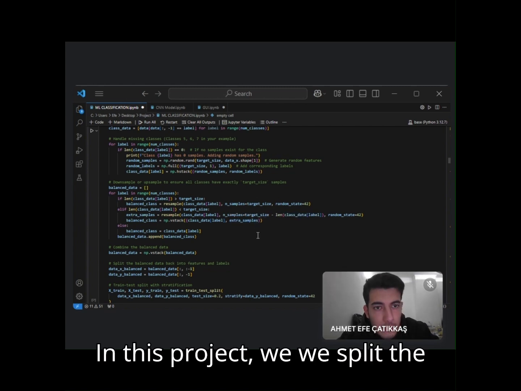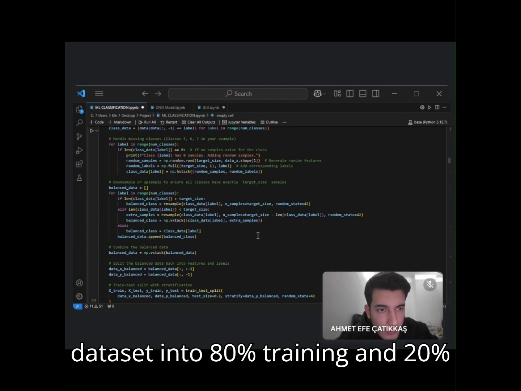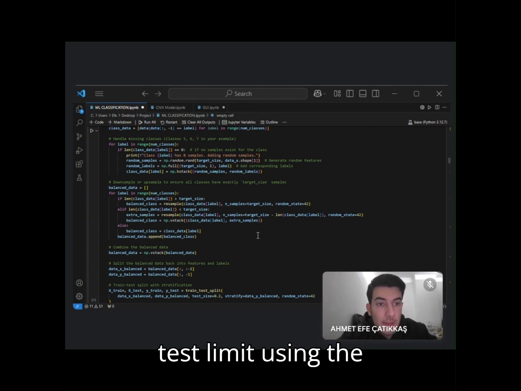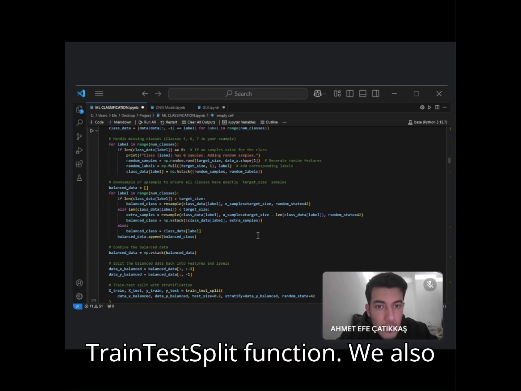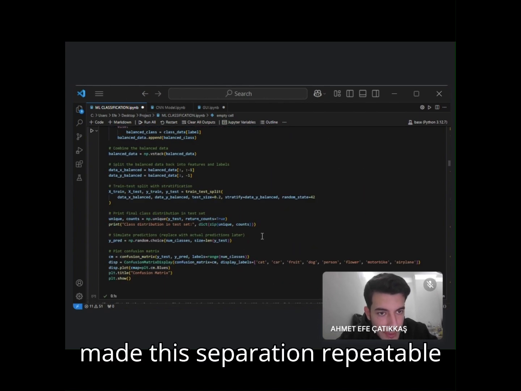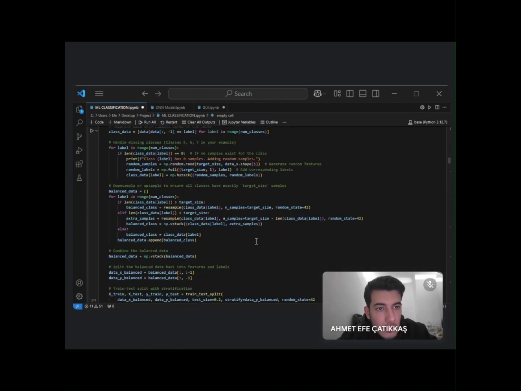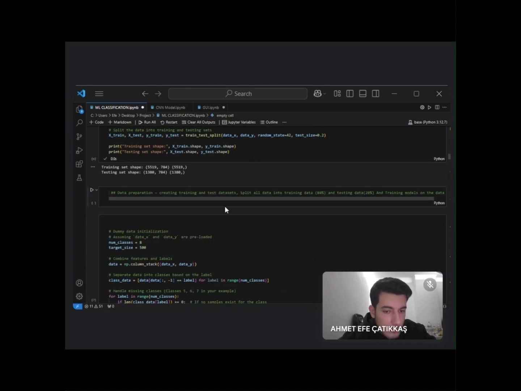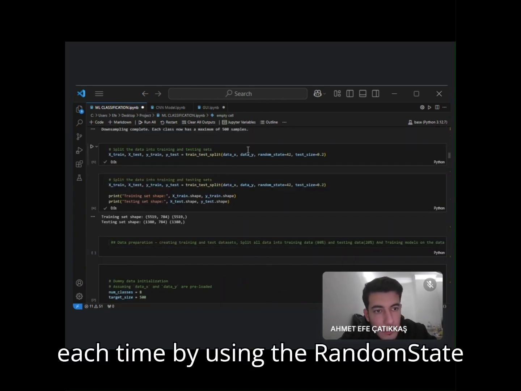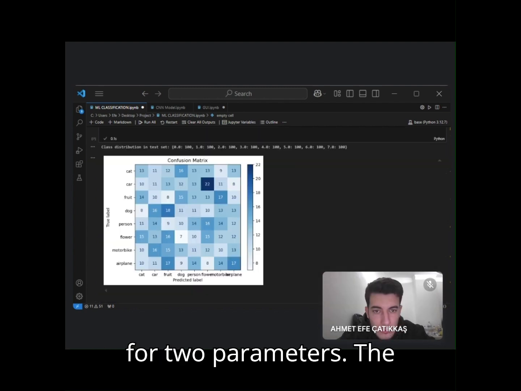In this project, we split the dataset into 80% training and 20% testing using the train_test_split function. We also made this separation repeatable each time by using the random_state parameter.